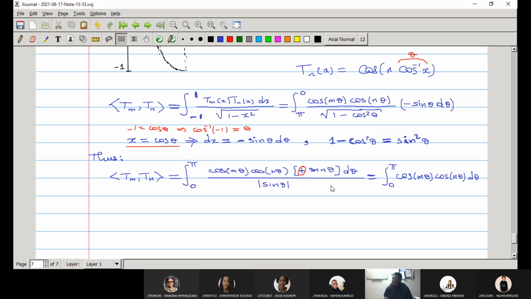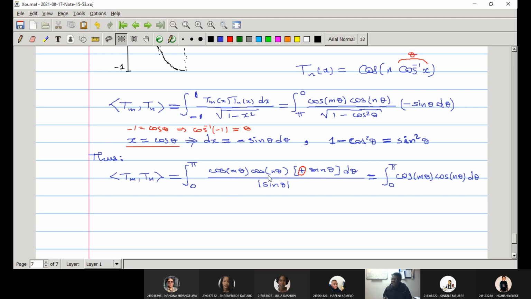If this interval were, let's say, the interval pi to 2 pi, in this interval, this is negative. So you have to be careful to know which interval you are in. If it's an interval where this is negative, if you remove the absolute value, you have to put negative in front so that it becomes positive. You have to be careful of whatever you are writing in mathematics.